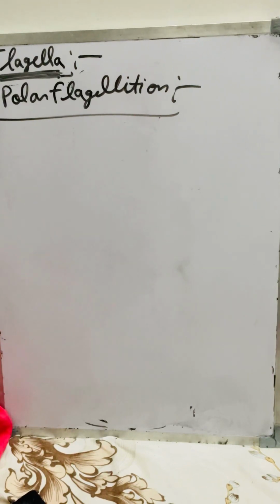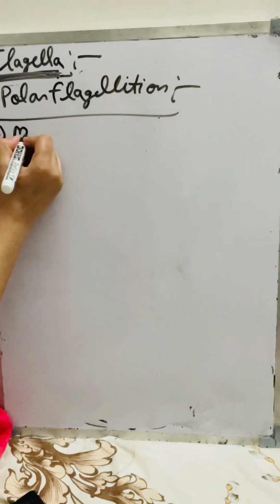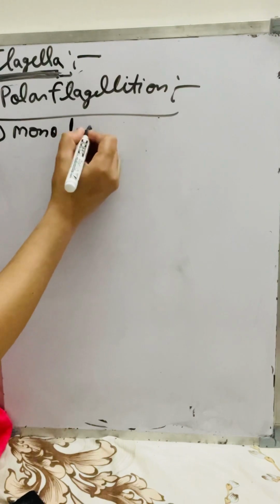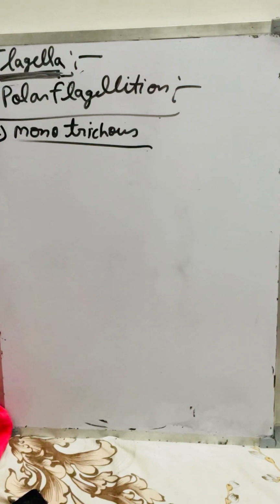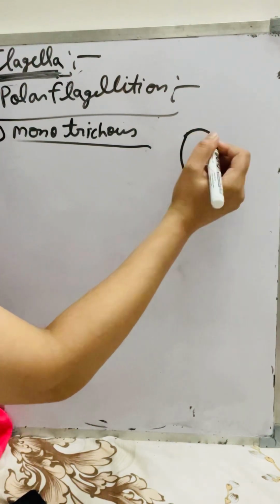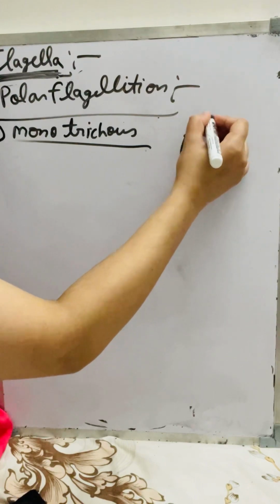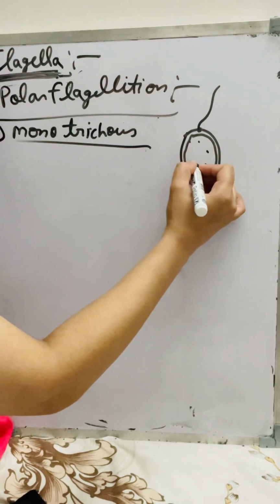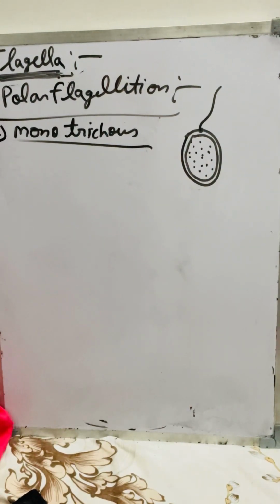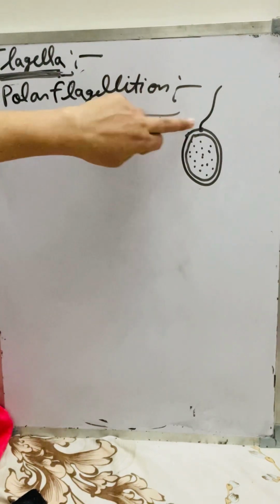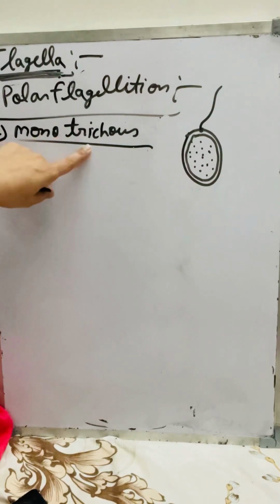The first one is monotrichous flagella. As you can see in the diagram, the bacterium has only one flagellum on one side, and it is called monotrichous bacterium.